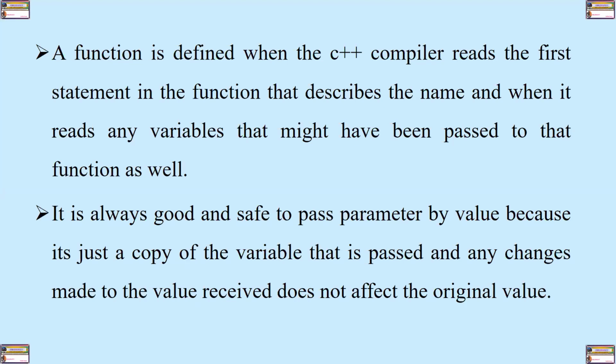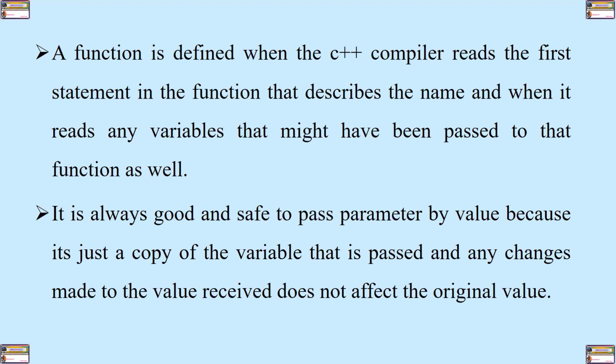It is always good and safe to pass parameters by value because it's just a copy of the variable that is passed, and any changes made to the value received do not affect the original value. Remember, there are two ways of passing parameters. You can pass by value or pass by reference.